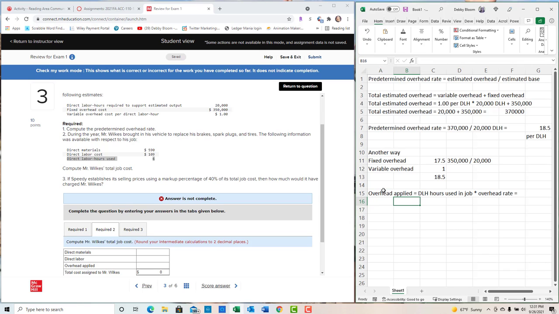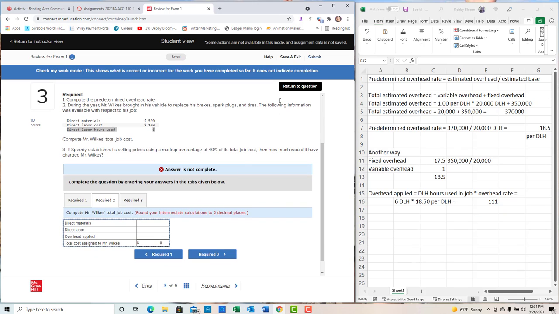So in this case, we're going to take our 6 direct labor hours, multiply it by the $18.50 per direct labor hour, and the overhead applied to this job, 6 times $18.50, is going to give us $111.